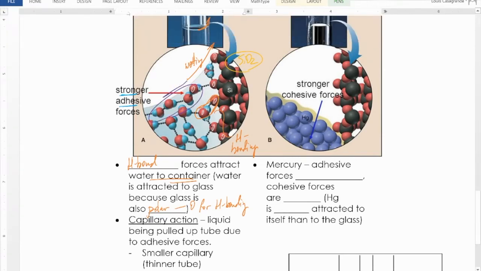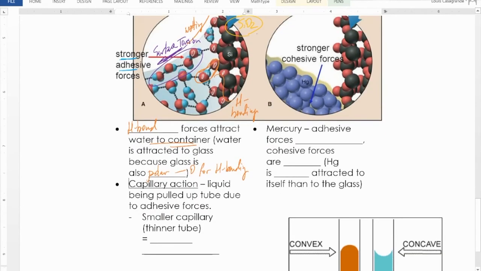So we still have surface tension holding those water molecules together and trying to minimize the surface of the water. You don't want to make that surface too big. So what happens in capillary action is the liquid gets pulled up due to the adhesive forces. So in capillary action, the outer part pulls up.